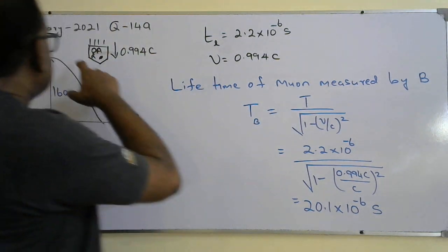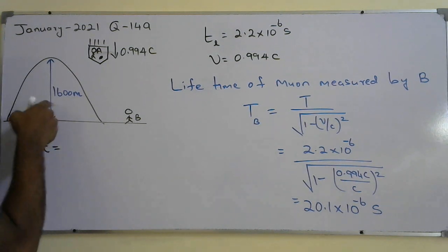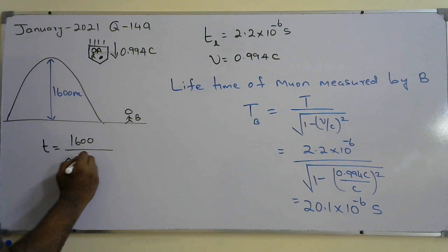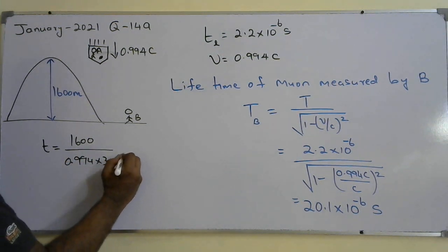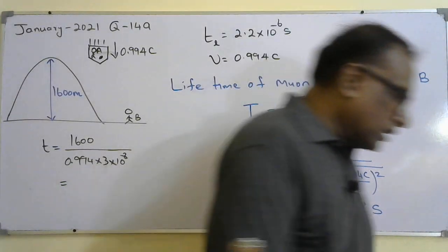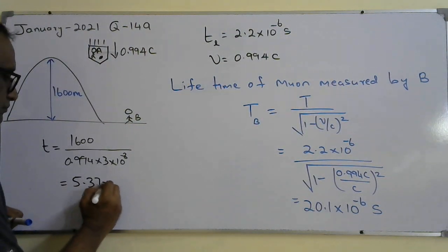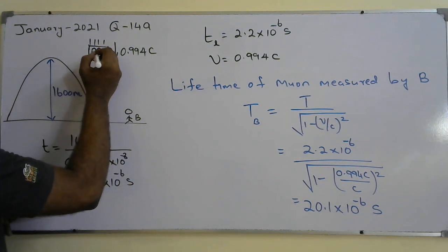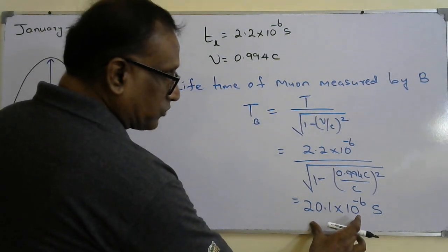The time taken to reach the bottom I calculated earlier, speed equals distance over time. The required time to reach the bottom is 1600 over 0.994 × 3 × 10^8, so the actual time required is 5.37 × 10^-6 seconds. This is the time taken by the muon to reach the ground when measured by B, but the lifetime is now 20.1 × 10^-6 seconds.